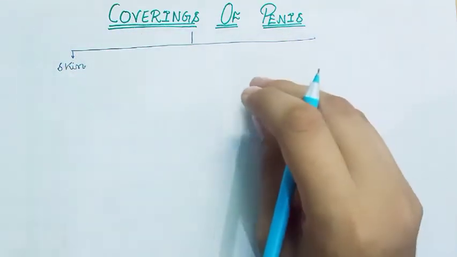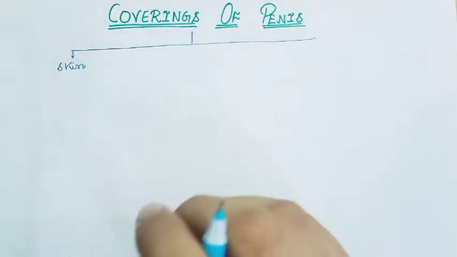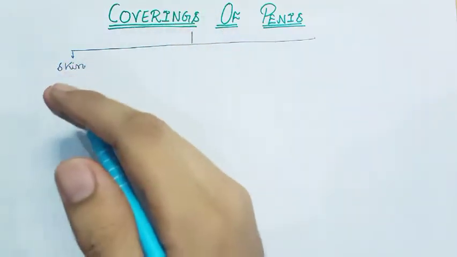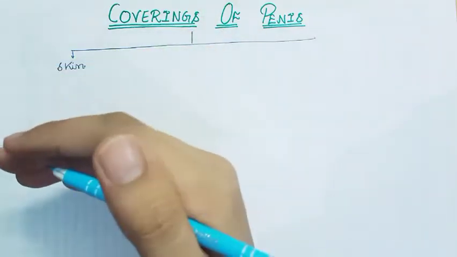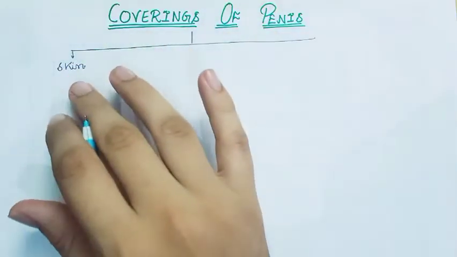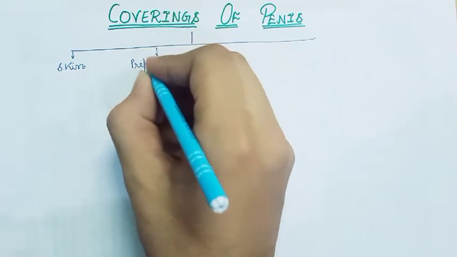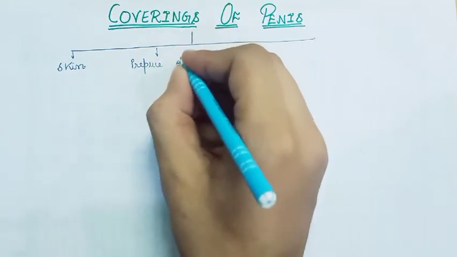Now in some books you will find the prepuce of the skin as a separate heading. We can also discuss it separately, but it comes under the heading of the skin because it is just a modification of the skin. So we have skin, or you can also write separately the prepuce of skin.